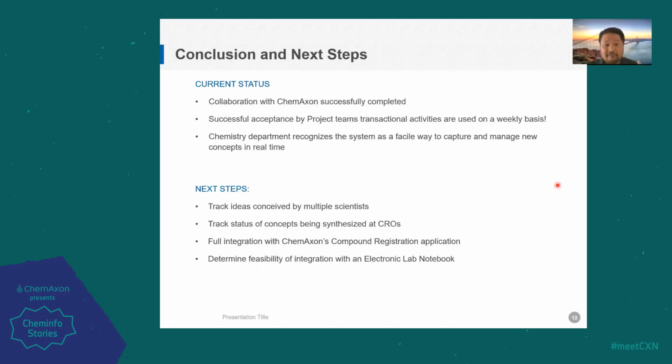And also a full integration with Chemaxon's Compreg application, which we already have. As Kevin noted in his diagram, a lot of those are out of the box functionality, but it'd be nice to have that full integration with Compreg. And the last bullet there, which is actually a project for us this year, is to determine the feasibility of integrating this with an electronic lab notebook.